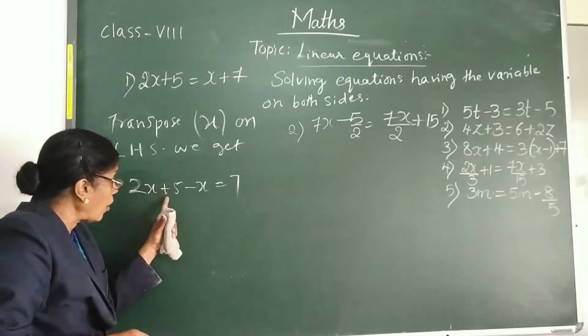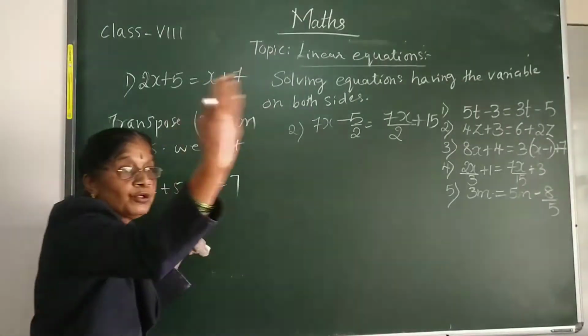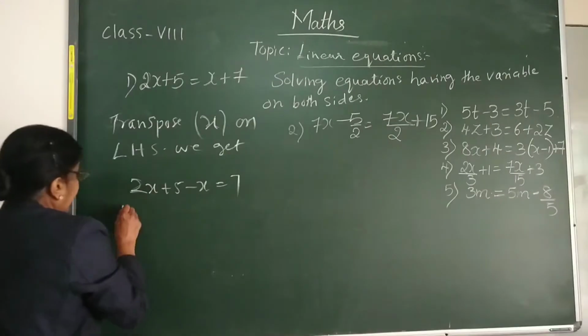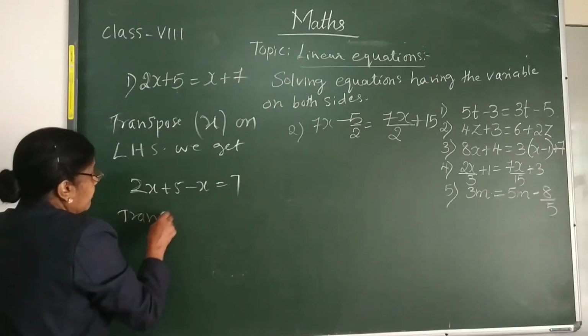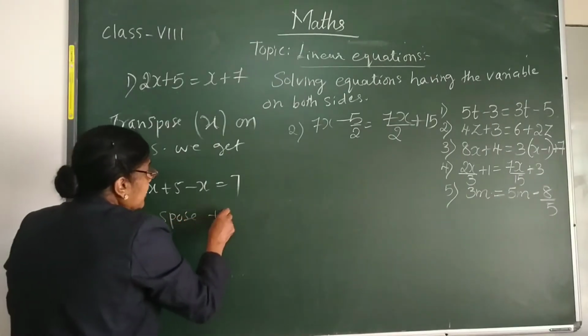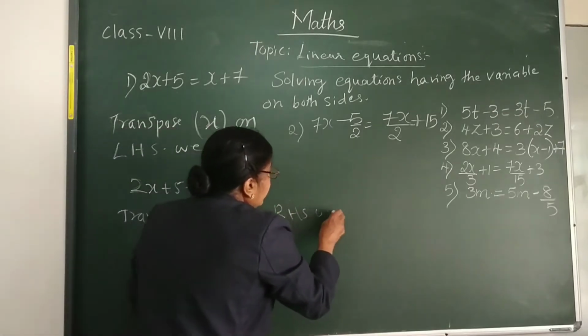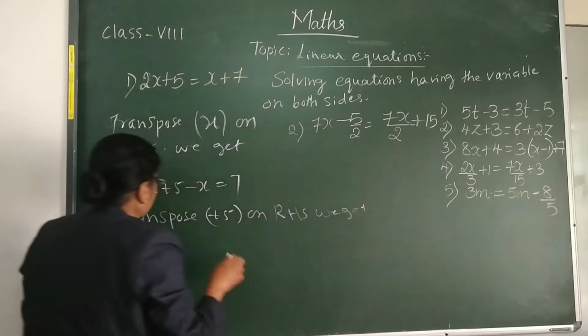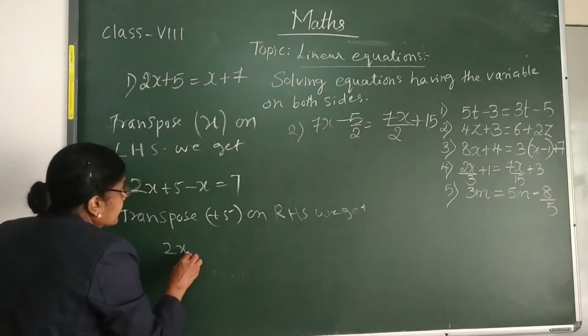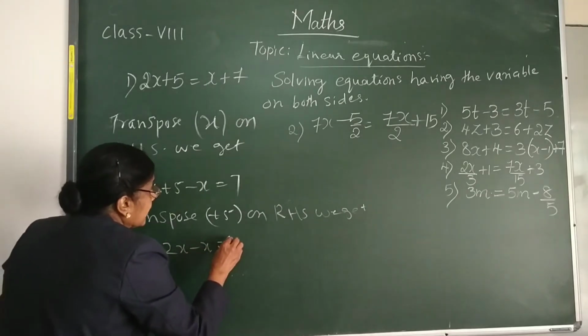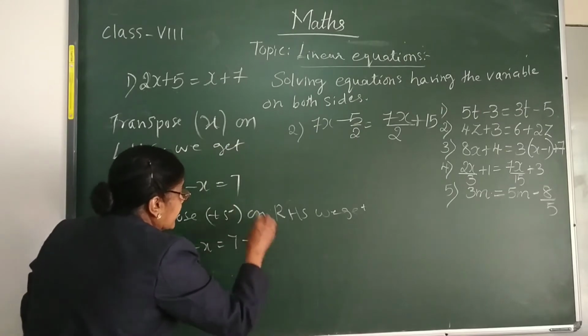Now the constant plus 5 is there, that I am going to transpose to the right hand side. We get 2x minus x is equal to 7 minus 5.